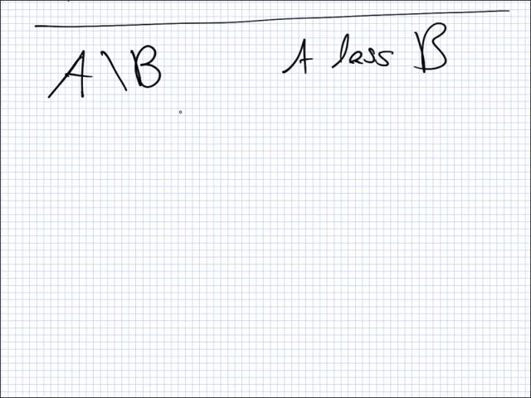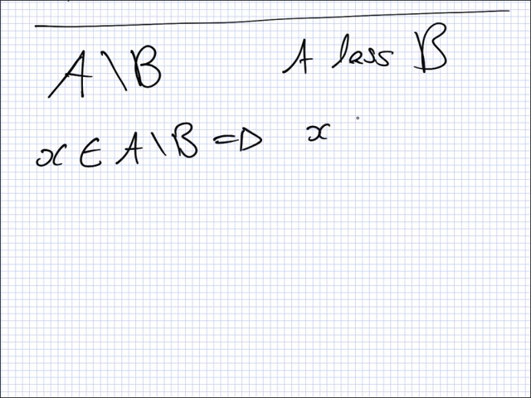Kind of like this, yeah. This means it's the set A, and then you remove everything that is shared with B. So, for example, if x belongs to A less B, then that means that x is in A, but it's not in B.